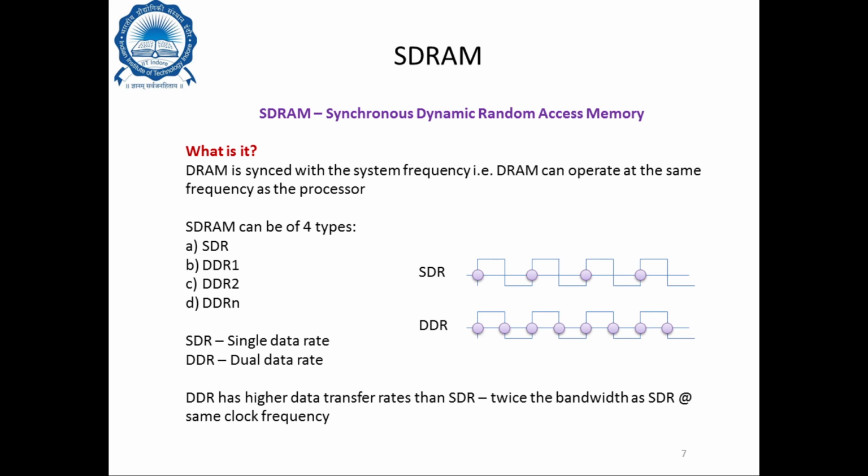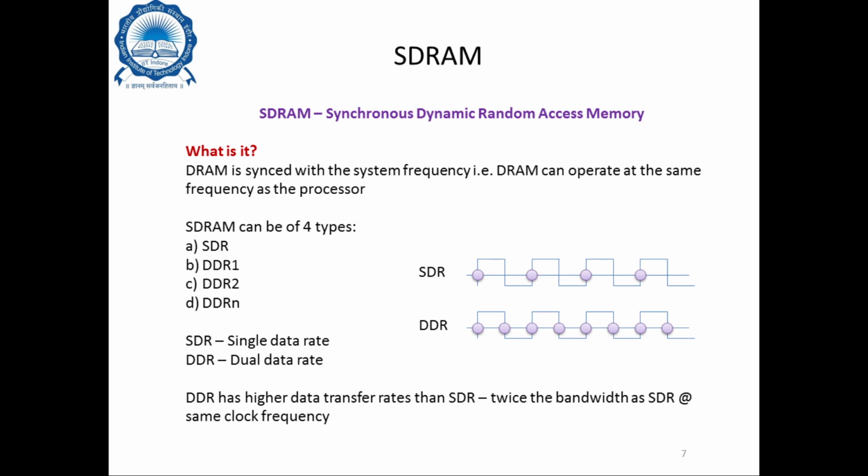DDRN is for the current state of the art technology, it could be 3, it could be 4. So it could be DDR3 or DDR4. We haven't reached the stage of DDR5 commercially as of now. So the deployability has so far been restricted to DDR1 to DDR4 for the DDR category of SDRAMs. But for the SDR, we just have one category, which is SDR SDRAM.